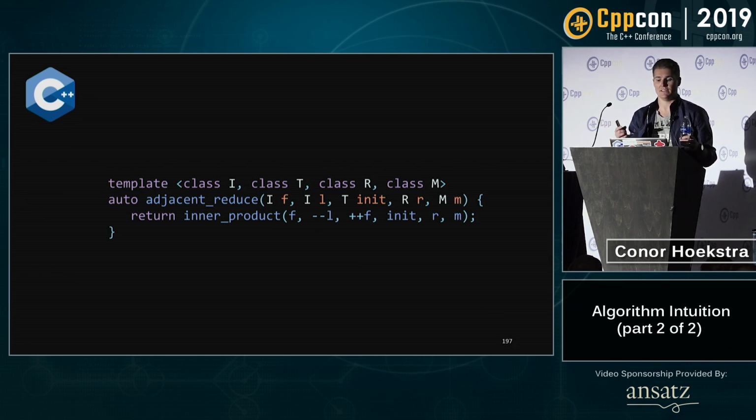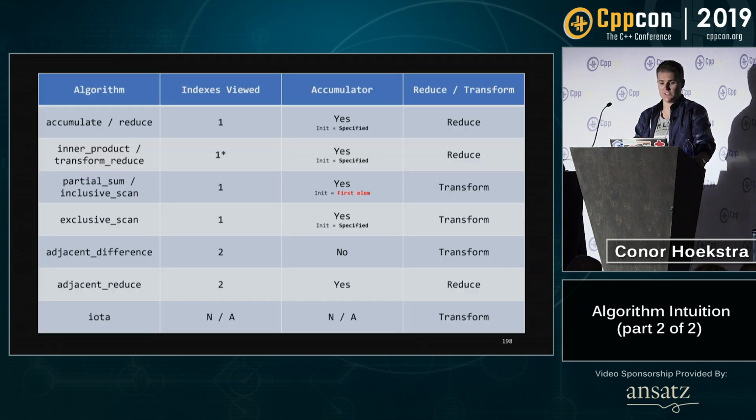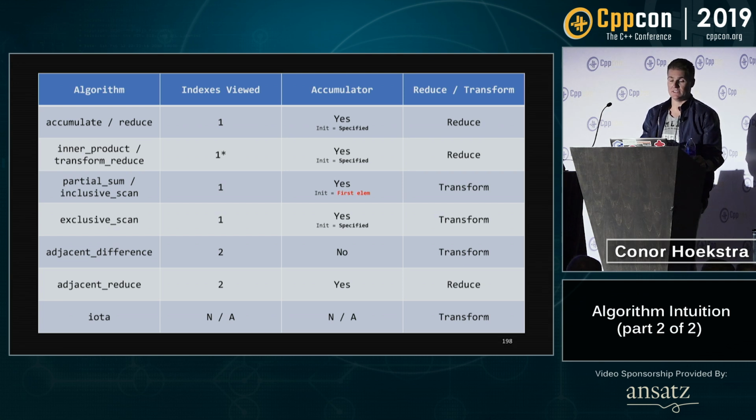Now we're basically ignoring in the name of the algorithm the transform and the zip, and we are looking at adjacent elements because you only have 1 range, and you're applying a binary operation to transform, and then another binary operation to reduce these values down. So we add this, and the property for this is that we're looking at 2 indexes at a time. It does have an accumulator value because we're reducing, and at the end of the day, it's a reduce.